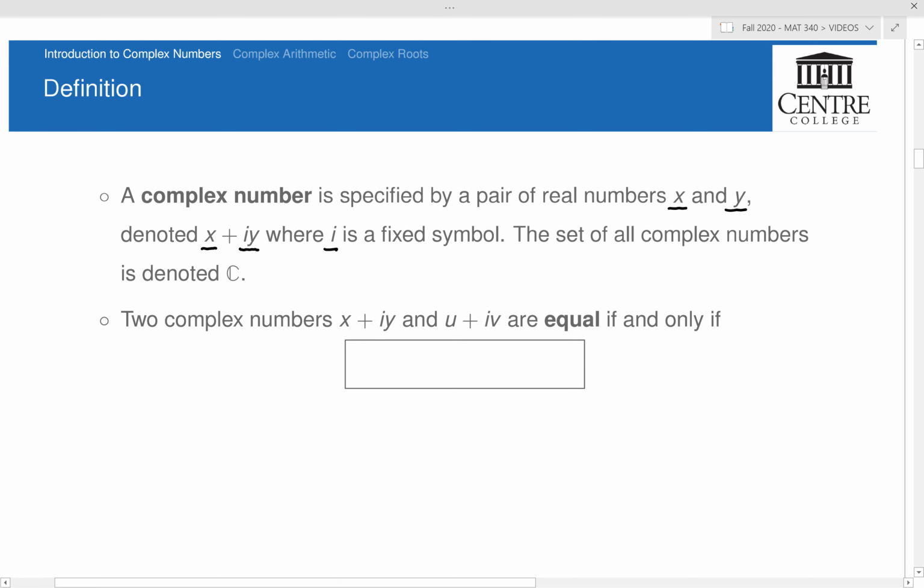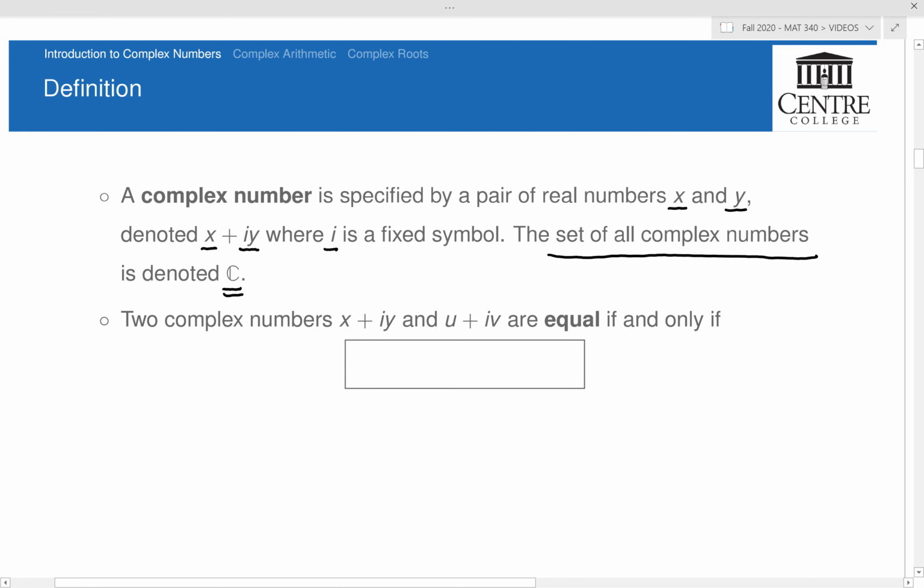Given a pair of real numbers x comma y, the complex number is going to be denoted by x plus iy, where i is a fixed symbol. If we take all possible pairs of x and y and write them in this form, x plus iy, this set of all possibilities is going to be denoted by the set of complex numbers, and we're going to denote it by this bold C here.